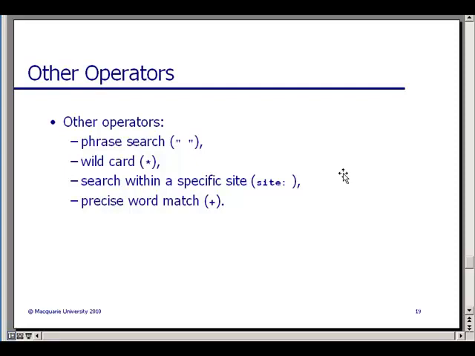Or you can specify precise words that should match by using the plus operator. Play a little bit around with these operators and use Google's advanced search to get a feeling how Boolean search works.